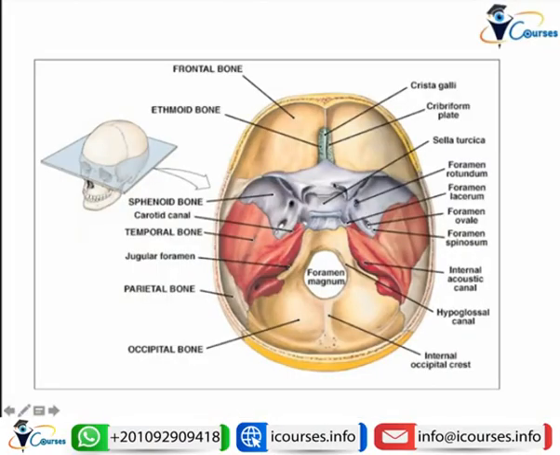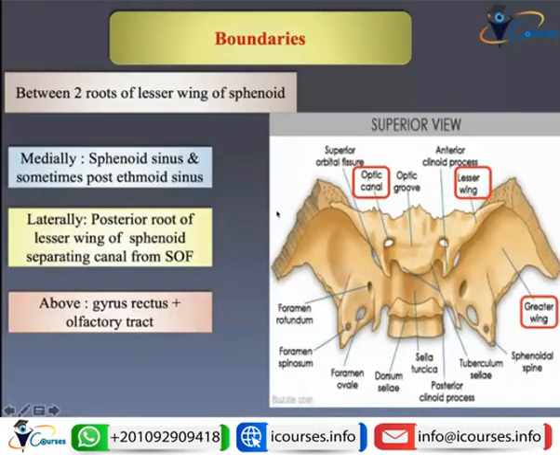Here again, this is the zygomatic bone. This is the body containing the optic foramen, this is the lesser wing, and this is the greater wing. Try to concentrate with me. The optic canal is located within the body of the sphenoid. But what are the boundaries, or what will be the edges of the optic canal?